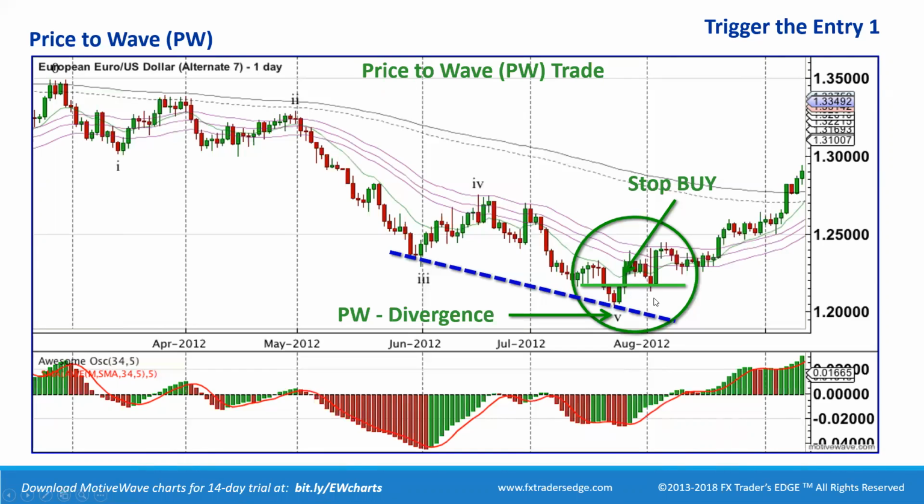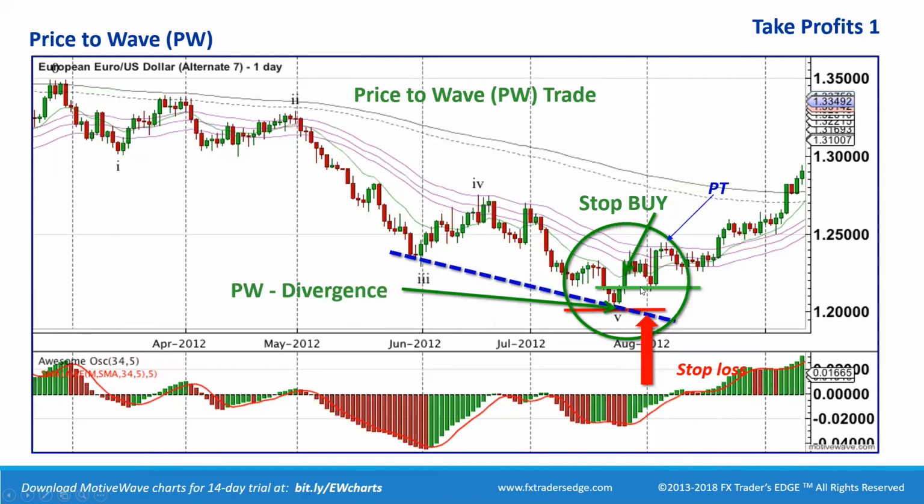This is one way of triggering the entry. It's an early entry, on the candlestick pattern. This is a daily chart. So you would be buying above the high of this reversal candlestick pattern. So you place a stop buy.